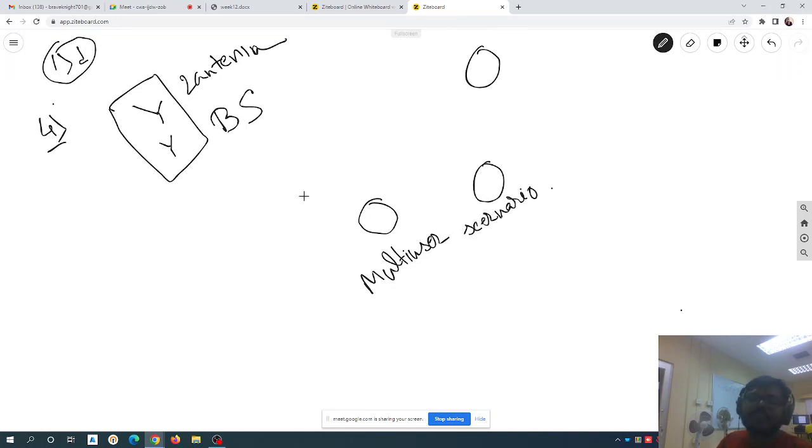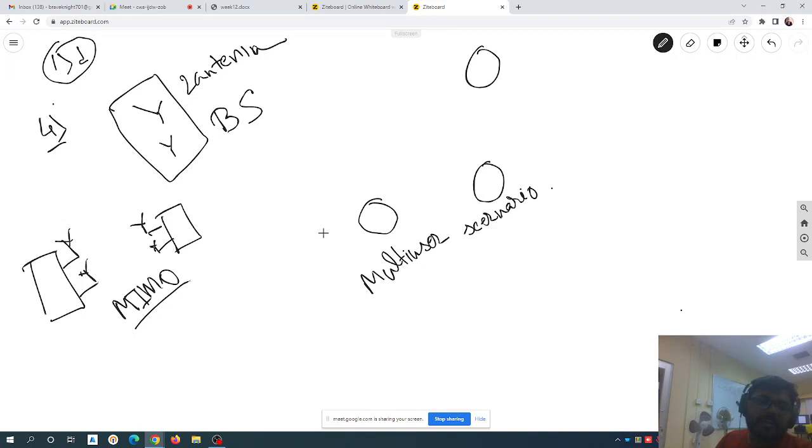In the previous case, we had one antenna side here and the boxes were attached like this, and there was one receiver and it had a MIMO system. So this is only a MIMO system.